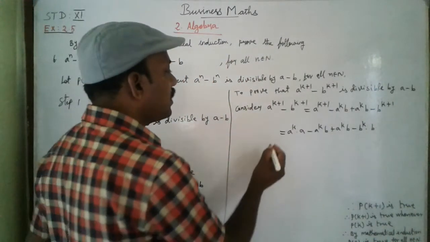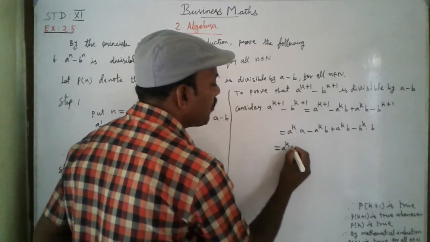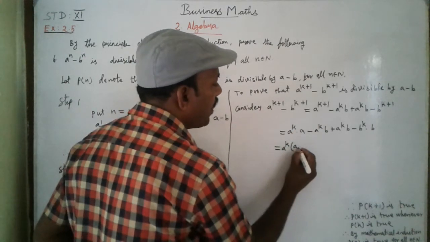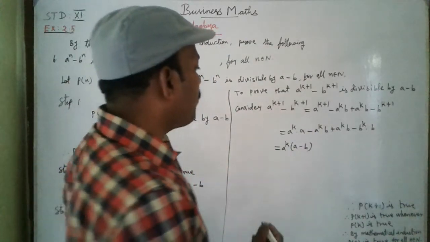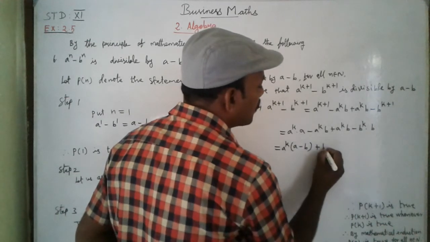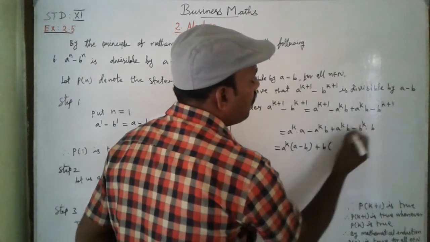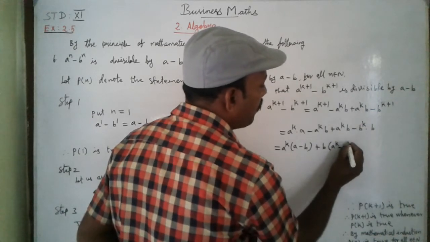So we take a power k as the common factor of the first two terms. What is remaining? a minus b is the remaining. For both the other terms, b is common: b into a power k minus b power k.